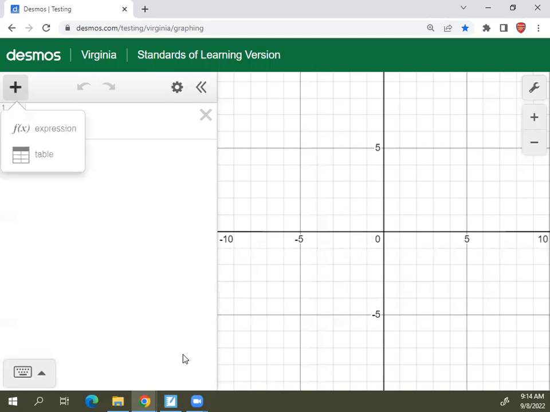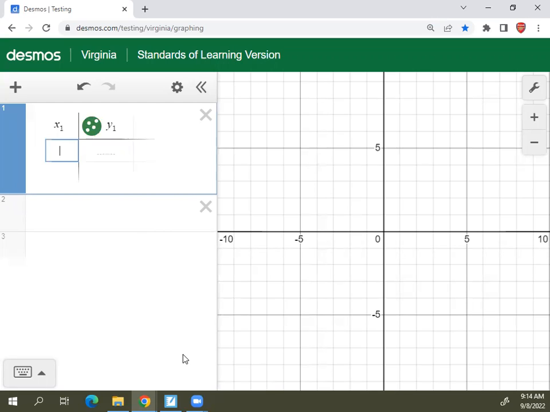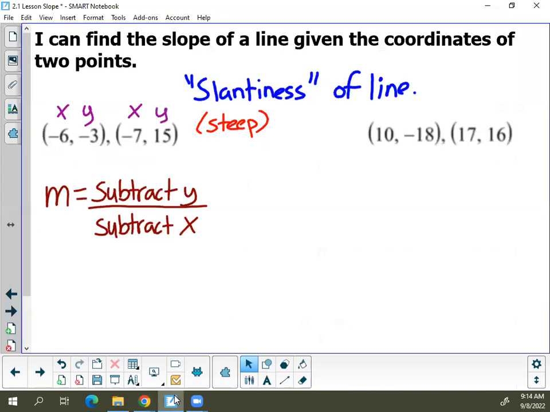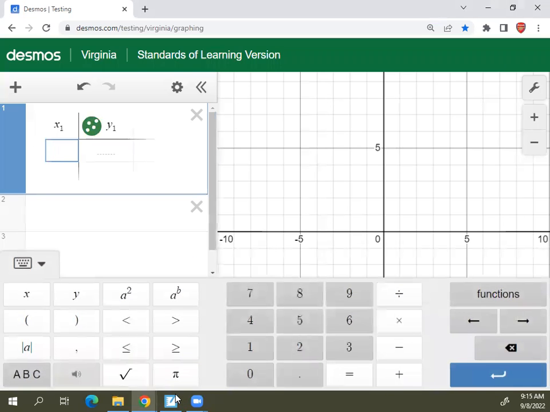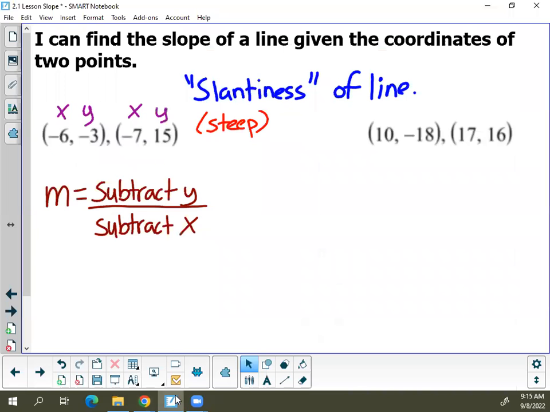So in Desmos, I can hit this plus sign, and then I can create a table. And so I'm just going to put my points into that table. So I'm going to put -6, -3. And I'm going to put -7, 15.